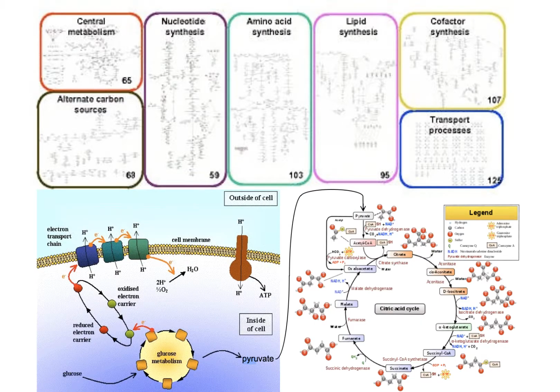Building on that last diagram, going into a little more detail, there are parts of central metabolism, that is glycolysis, the TCA cycle, etc., alternative carbon source production, nucleic acid synthesis, amino acid synthesis, lipid synthesis, cofactor synthesis, transport processes.